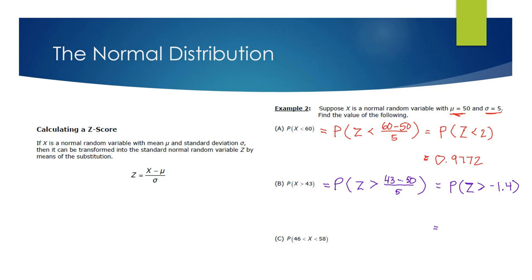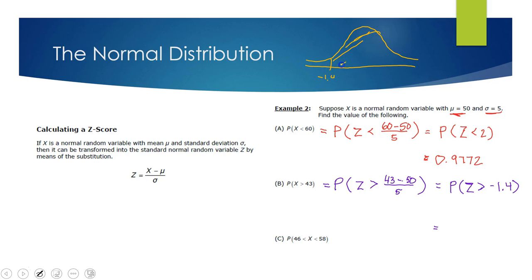Now, one thing I could do is say, okay, I'm looking for the probability in this circumstance, and I'm going to draw it in the banner up there. Here's negative 1.4.